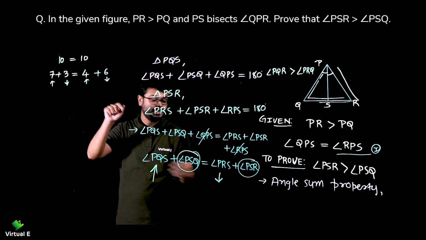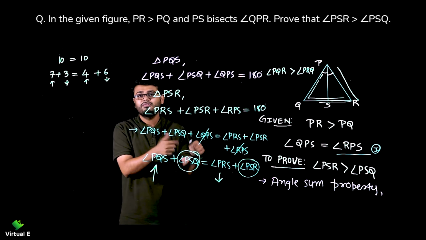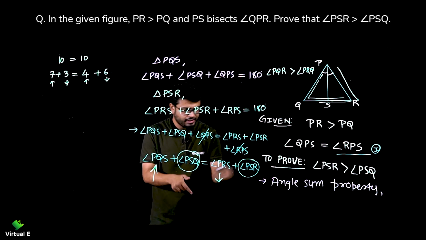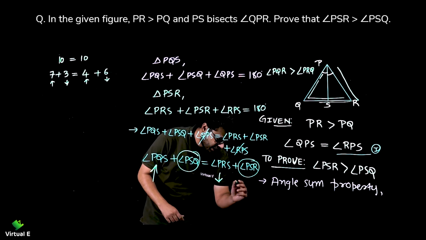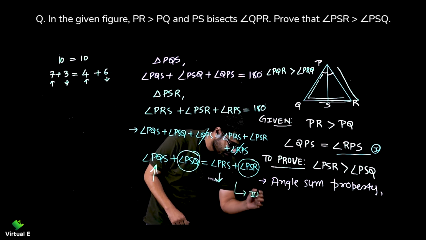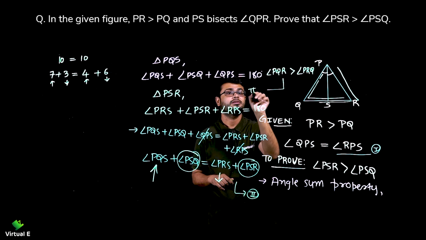This is bigger and this is smaller, so the relation between these two will be opposite. This will be the smaller and this will be the bigger. This is what we wanted to prove. So let's say this is the result number 2, and this is the result number 3.